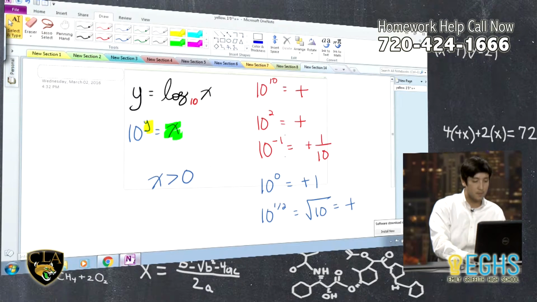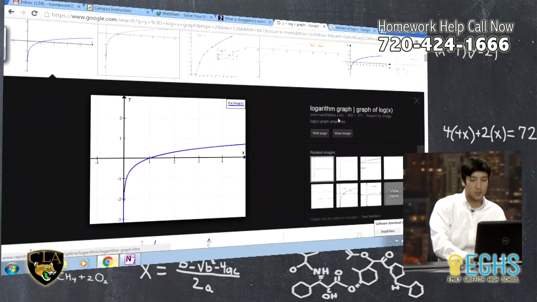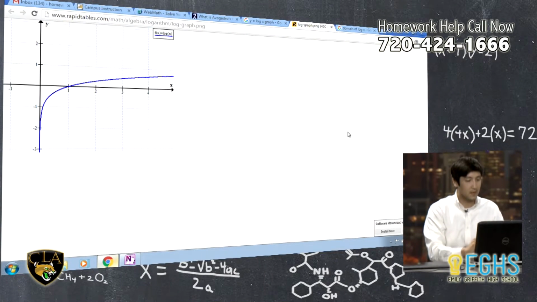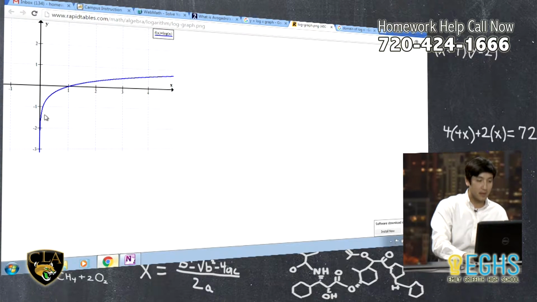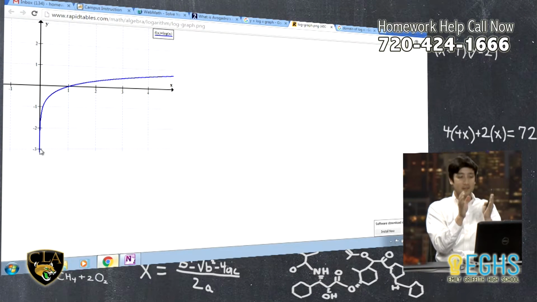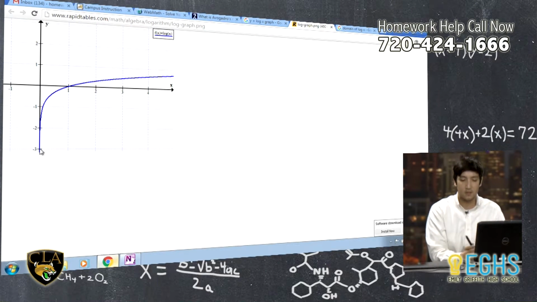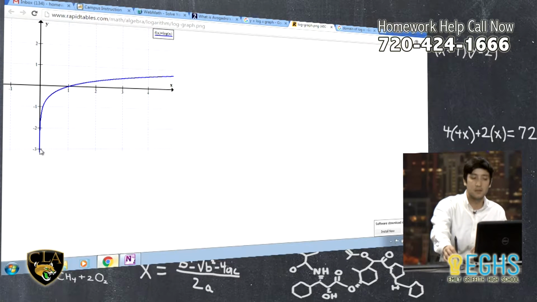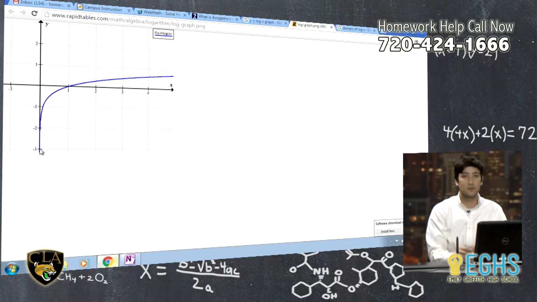I went ahead and pulled up a quick graph of this function, and you can see an asymptote forms here. You notice in this graph, x gets very close to 0. It's hard to tell here, but if you were to zoom very far in, you would see it gets very, very close to 0, but will never actually touch 0. So again, the domain is x greater than 0.